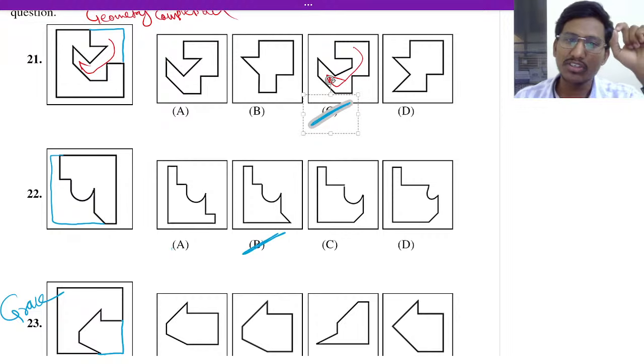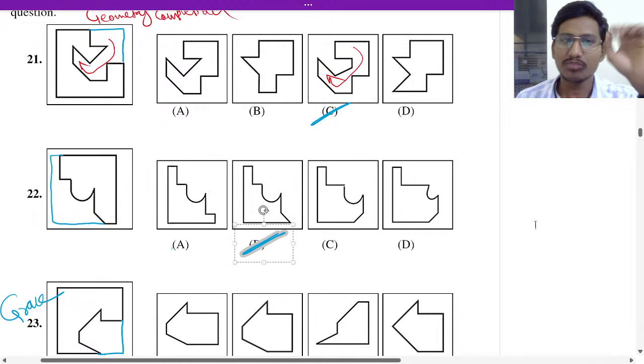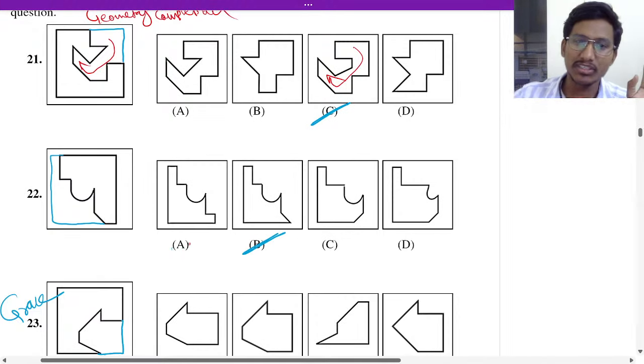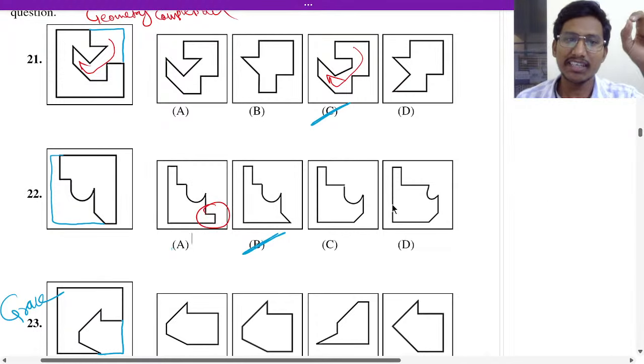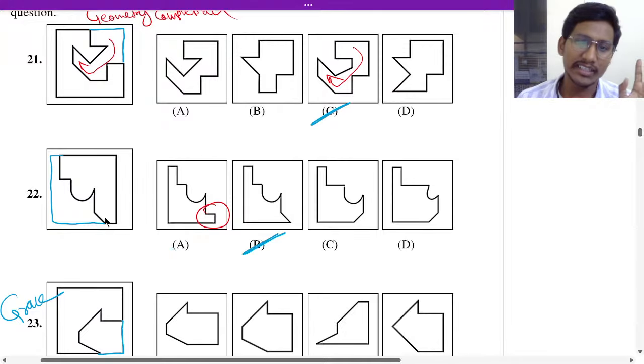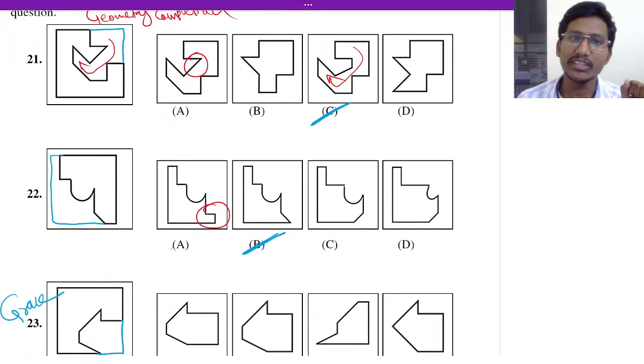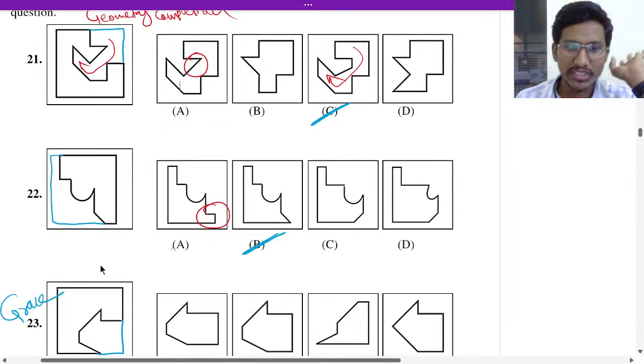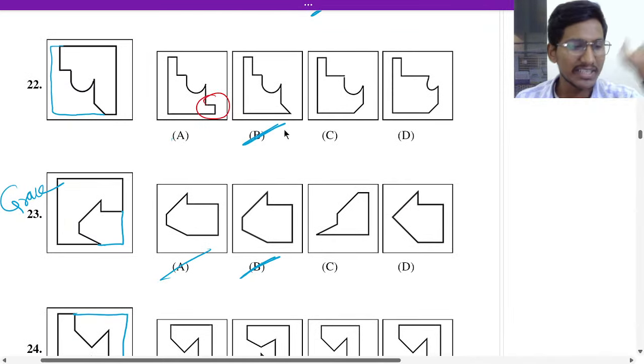Option B, not A. Don't be confused. Here it is a straight line, there it is slanted. That is why not A. So 22 is B.